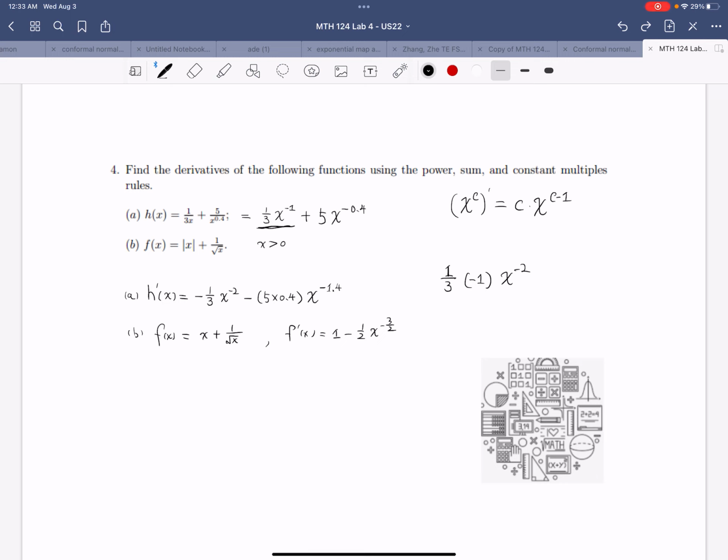So f(x) equals x plus 1 over square root of x, and you rewrite it as x plus x to the power -1/2. For the first part, the derivative is 1. For the second, again using the power rule, we get this answer here.